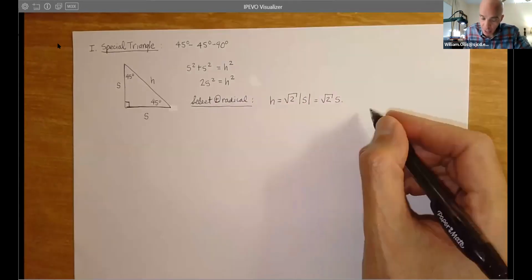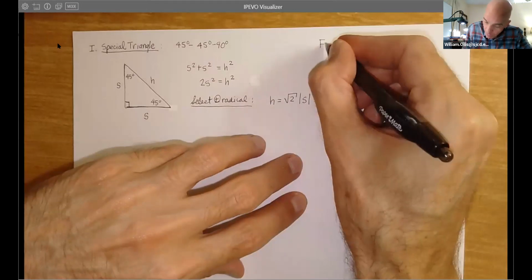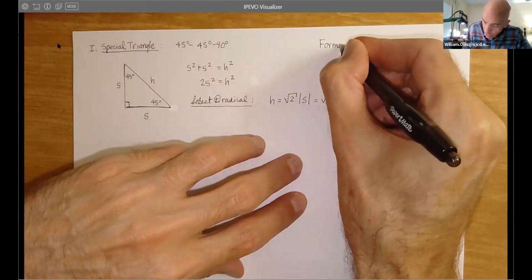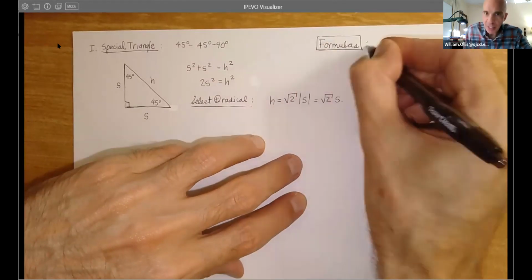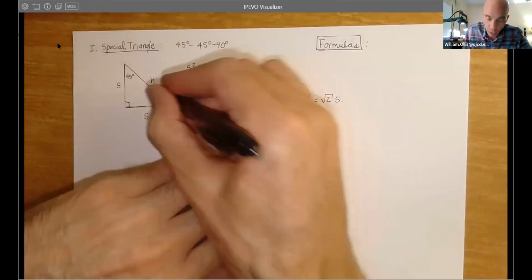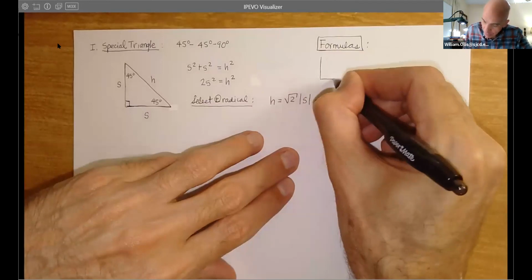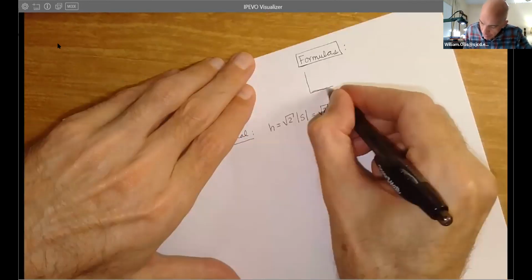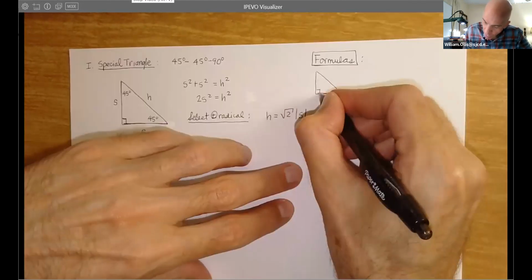So what we're seeing here with the 45, 45, 90, we can just write down the formulas. These are fairly user-friendly, and you see this triangle a lot, especially in engineering and physics. So we'll have this triangle, which I'll just repeat right here, just as a little note card type thing.